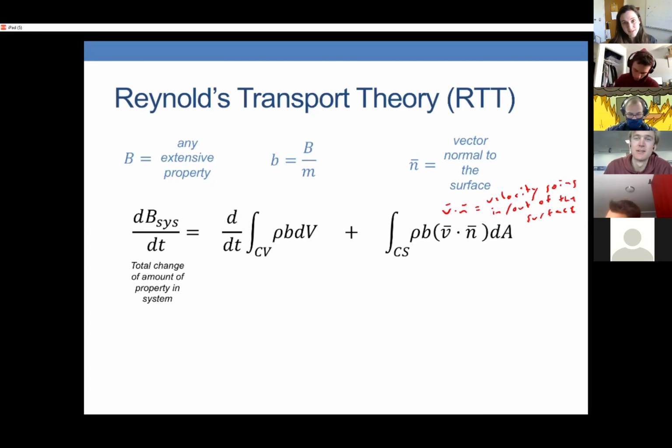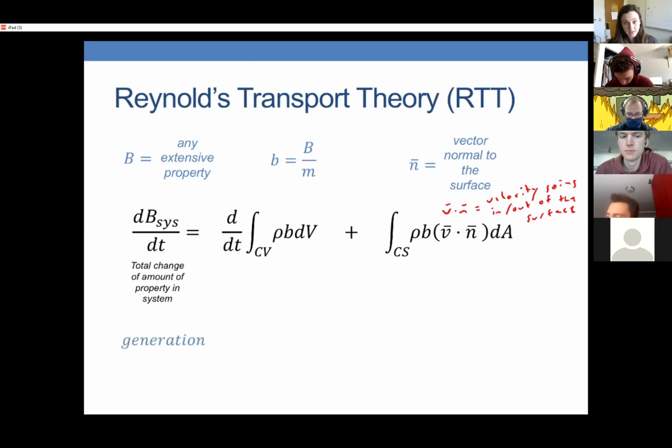So if the energy is leaving the system. Okay, leaving the system, it can just flow in and out, right? Generation means it's being created or destroyed. So that would be like if mole A is turning into mole B with the reaction, or if energy is being created by an exothermic reaction, something like that.